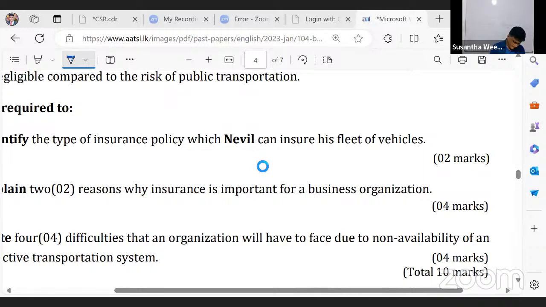Another thing is they can provide welfare, some facilities to employees. Sometimes they can insure their employees. That is a sort of welfare that is mitigating the risk, and that is increasing the efficiency. You have to explain these parts.